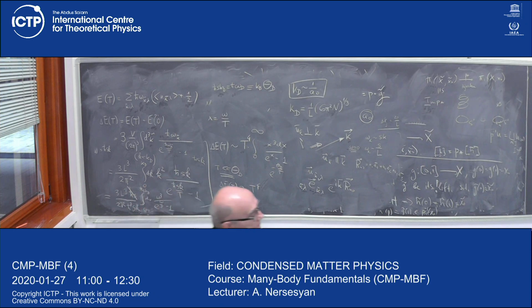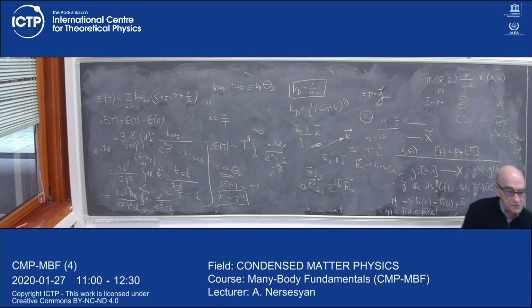Because of the existence of this continuum, because at any finite value of the temperature you do have excitations which are lower in energy than this temperature, you have a contribution. And this contribution is not exponentially small, because of the absence of the gap.